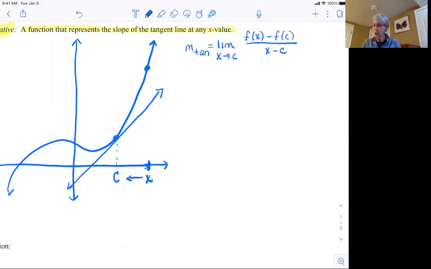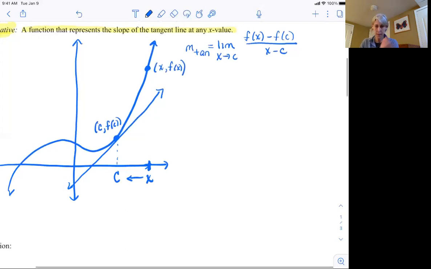Basically, yesterday, what we were using was this point would then be c and f of c. This point up here is x and f of x. So now instead of using c and x, we're going to start at x. And this value over here is going to become x plus h, where h is an amount.